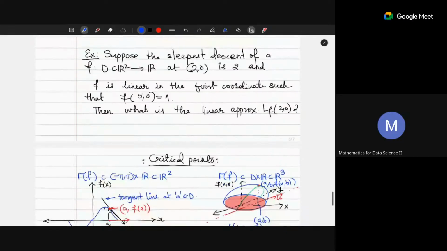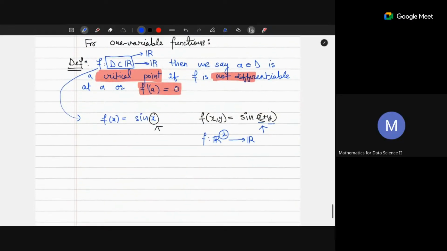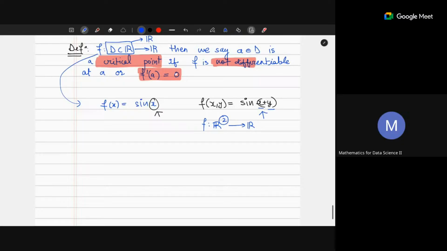For example, the one that I gave earlier. If you look at this function, f(x, y) = sin(x + y).